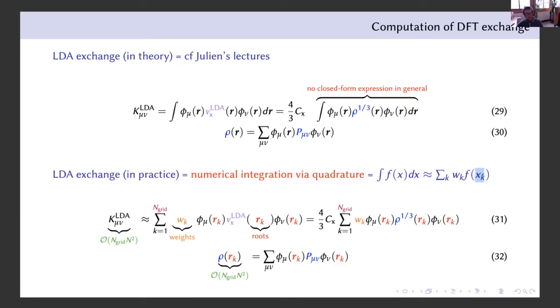You can lower the cost of the calculation of the exchange with the resolution of the identity, but you cannot break the overall scaling, I think. The literature is pretty big in that research area, so maybe you'll find something, but I don't think it's easy, at least.